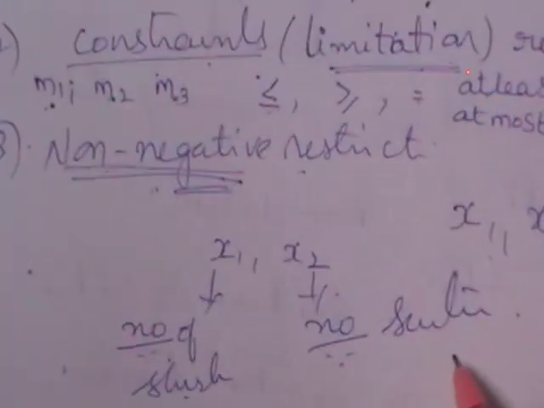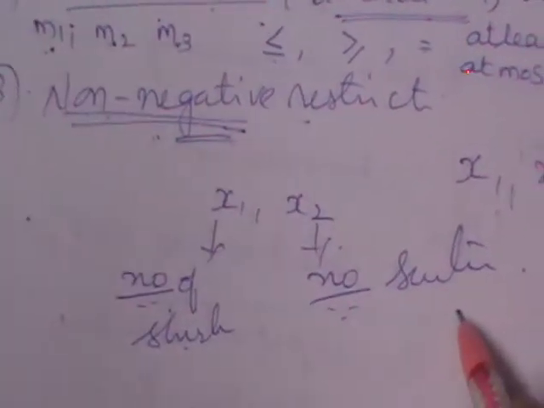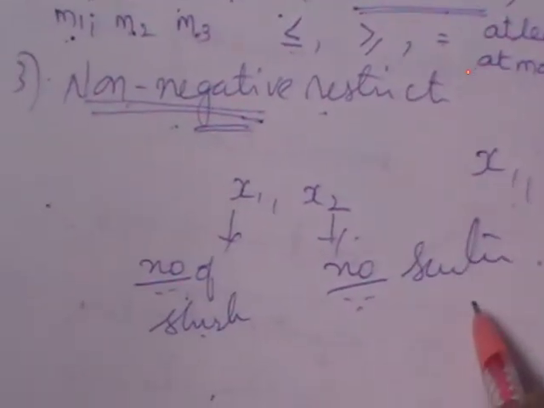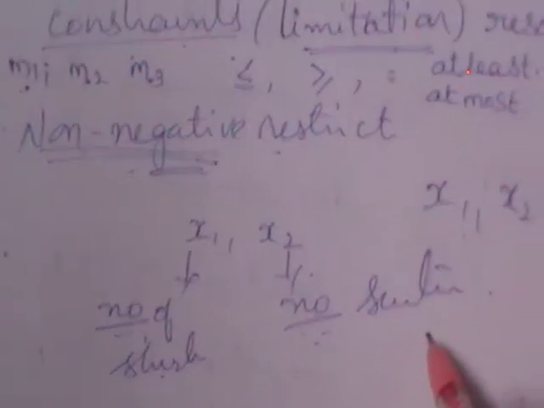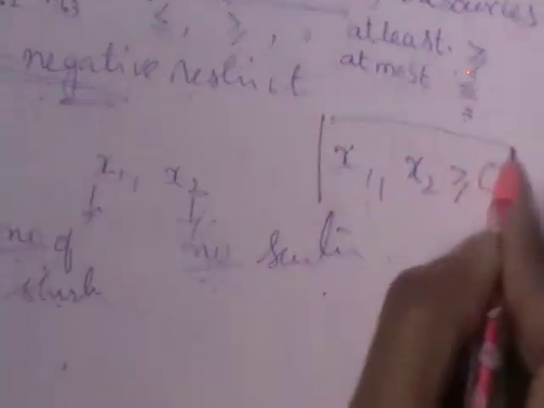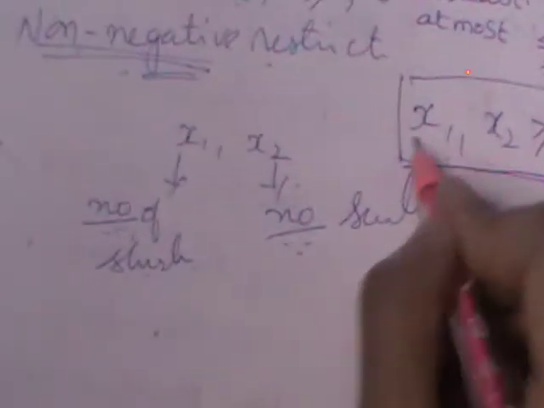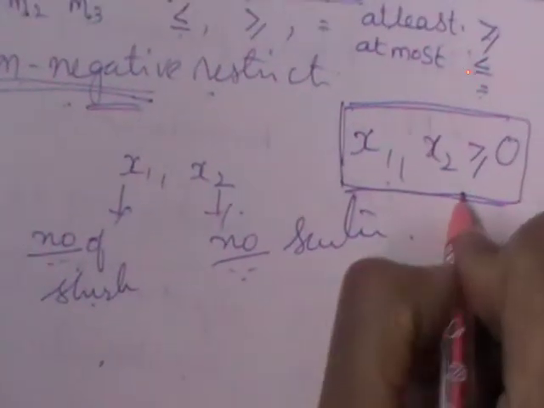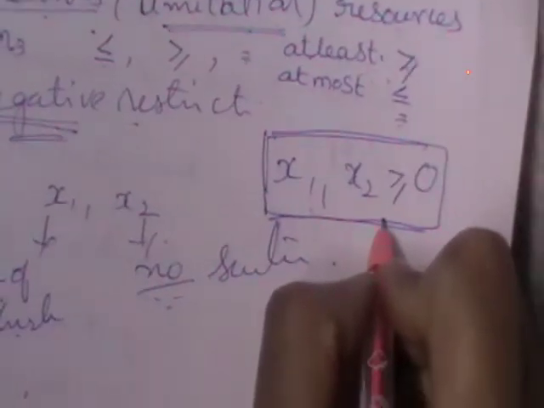You may get 0 items to be produced, or 4 or 10, but you cannot produce -4 suitings or -4 shirtings. So in the non-negative restriction, we specify that all the decision variables under study are non-negative in nature.